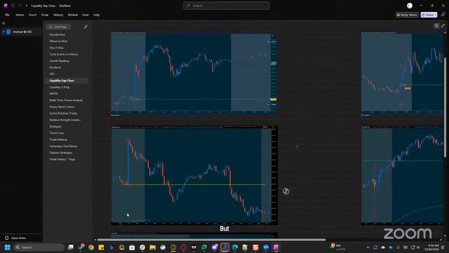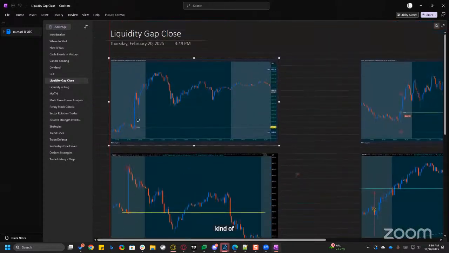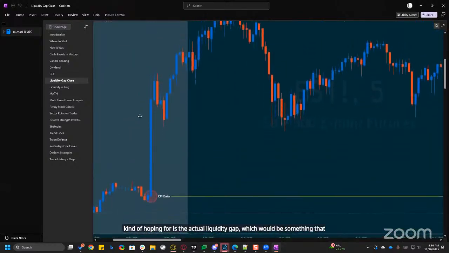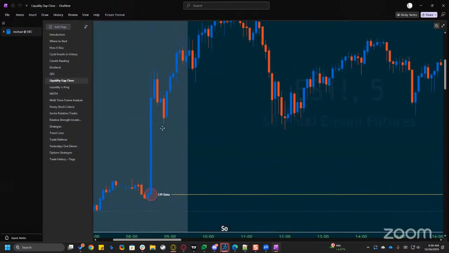But what I'm kind of hoping for is the actual liquidity gap, which would be something that looks like this. So it's not a gap in price. You can see there's no gap here, but there is a liquidity gap. The idea is that it moved so far, so fast, that it didn't have time to develop any structure behind it and that we could retrace it.